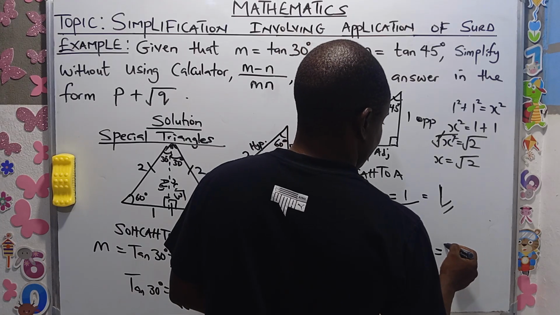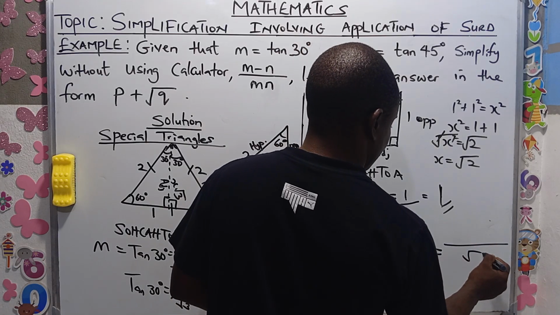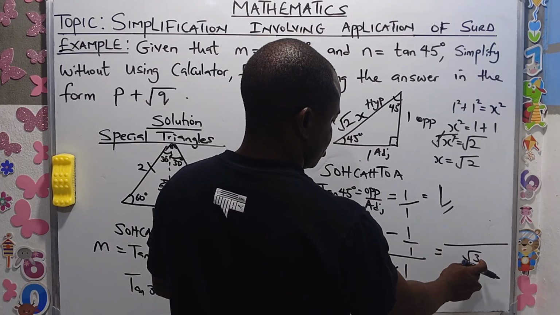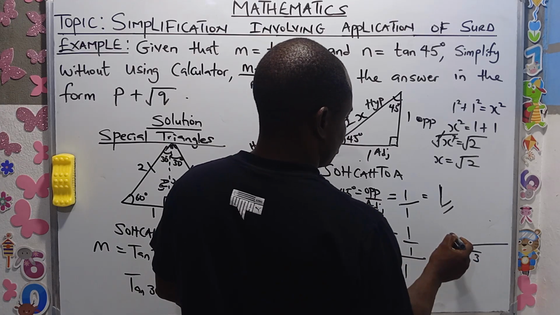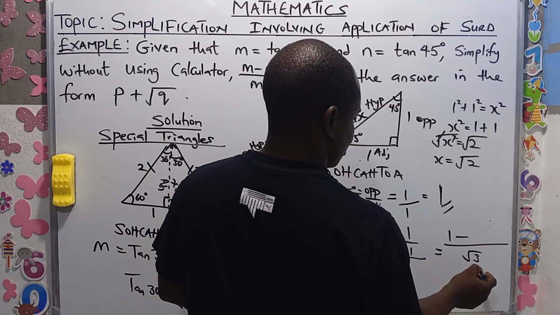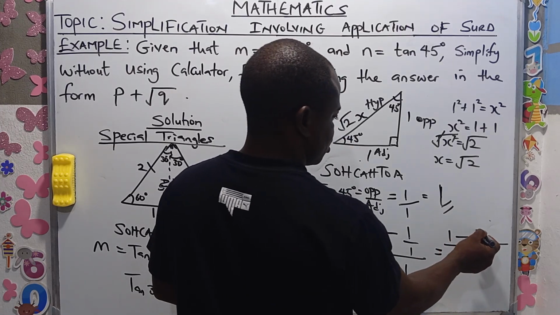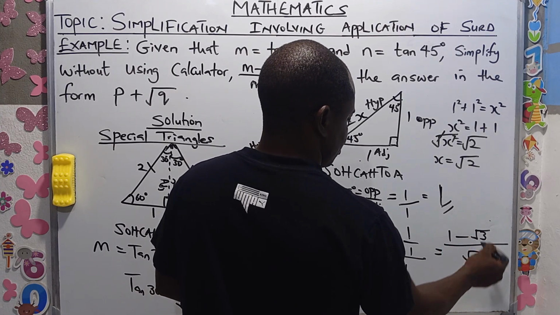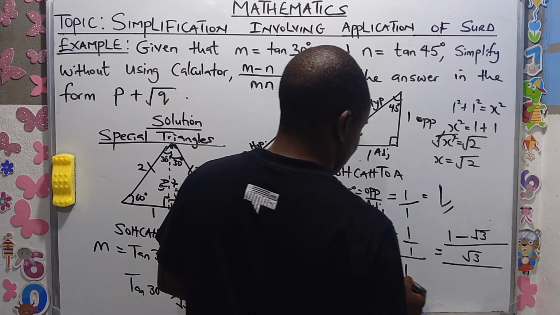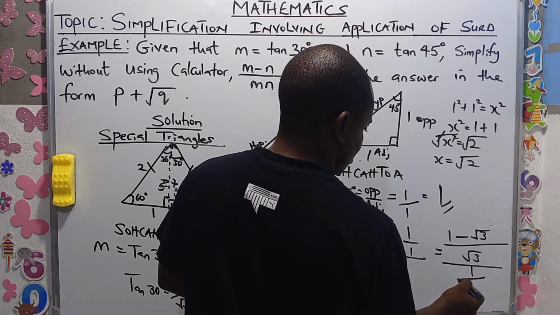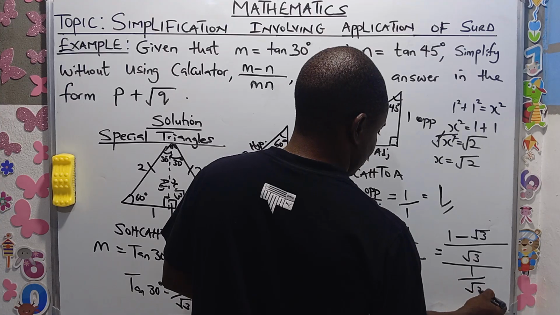Let's find the LCM. The LCM is root 3. Root 3 over root 3 is 1, 1 times 1 is 1, minus 1 times root 3 is root 3, divided by 1 times 1 over root 3.